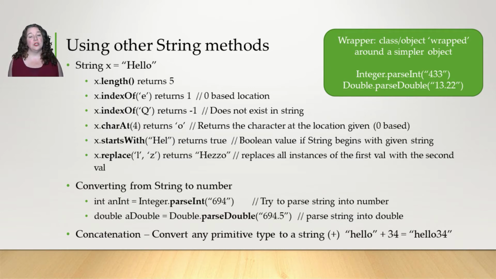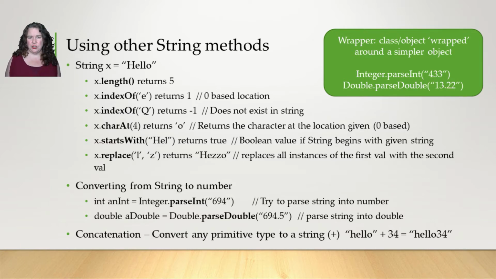This is going to take a string value and try to parse it into a number. It's going to do pretty well with a parse unless you give it something that it's really confused at. So parse is a good way to convert between your strings and your numbers rather than having to use direct casting. Parse handles it a little nicer.